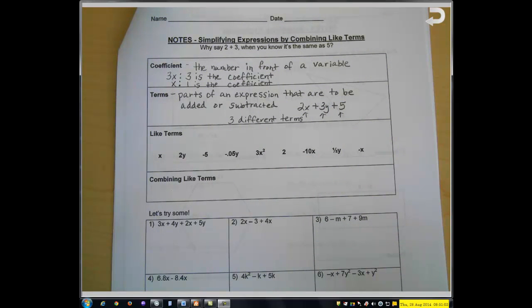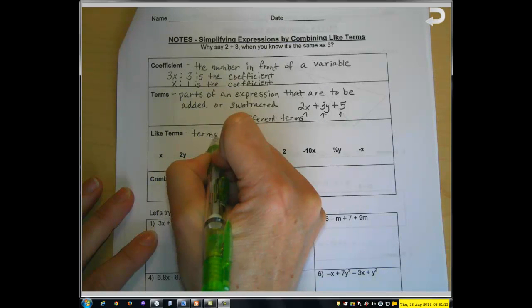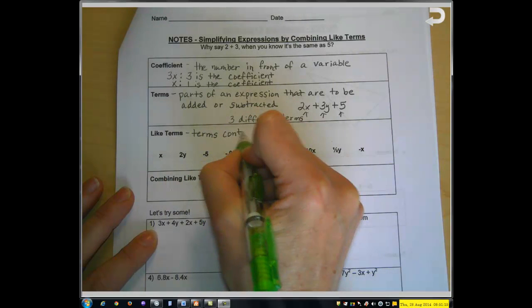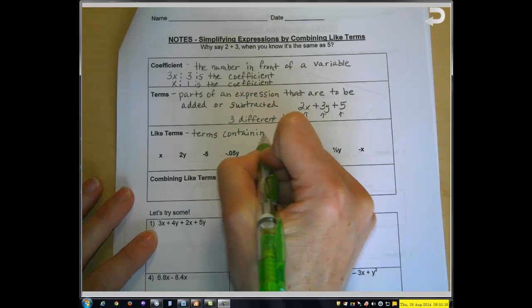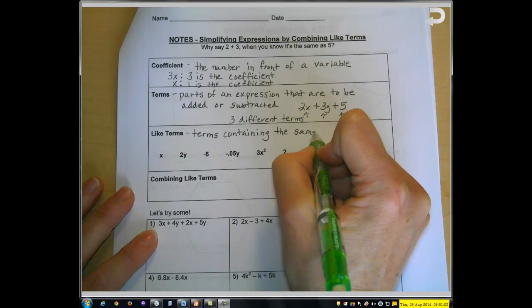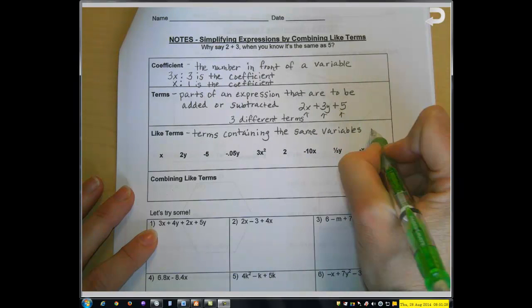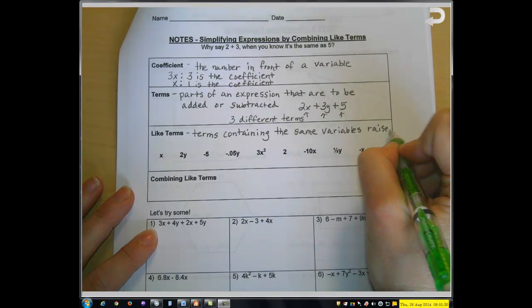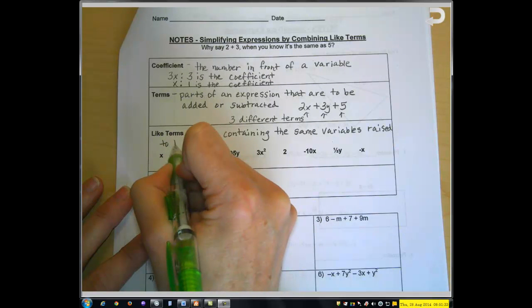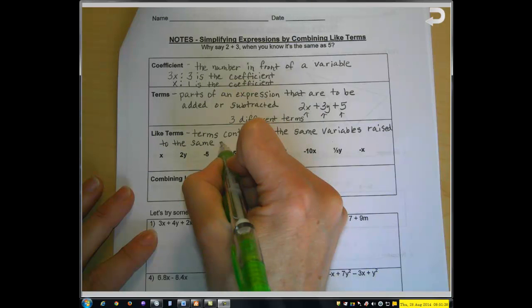Okay, like terms are terms containing the same variables raised to the same powers.